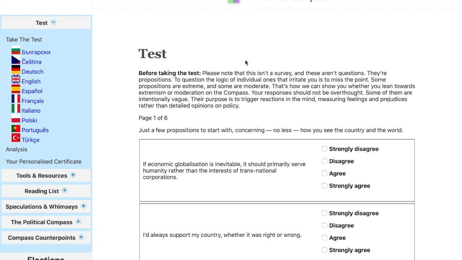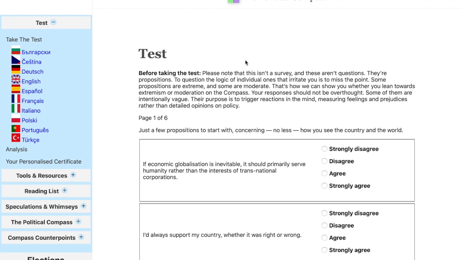I take it all of you have read this already, but for those that haven't, if you happen to just be listening rather than watching directly, I'll just read this out for you. Before taking the test, please note that this isn't a survey and there aren't questions. These aren't questions, excuse me. They're propositions. To question the logic of individual ones that irritate you is to miss the point. Some propositions are extreme and some are moderate.